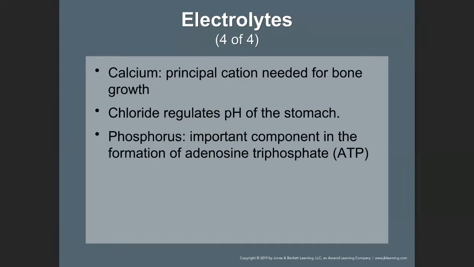Phosphorus is an important component in the formation of adenosine triphosphate, which is what is needed for the cells to create energy. And phosphorus is also an anion. These are things we covered in pathophysiology, so you can refer back to that chapter or video which goes into more detail.